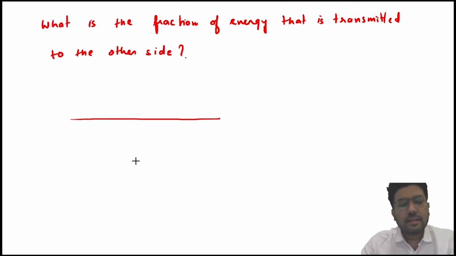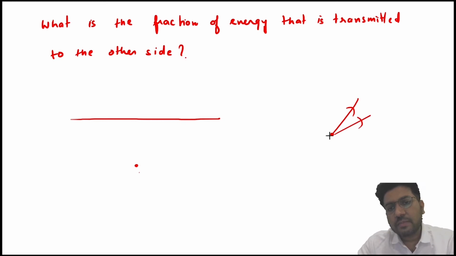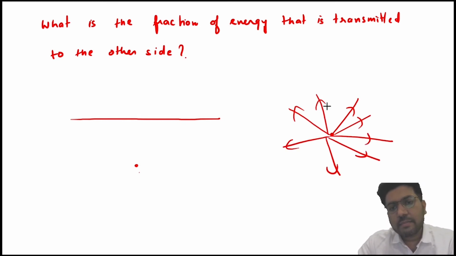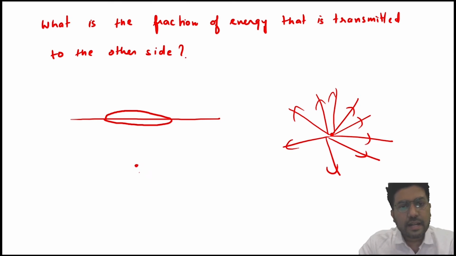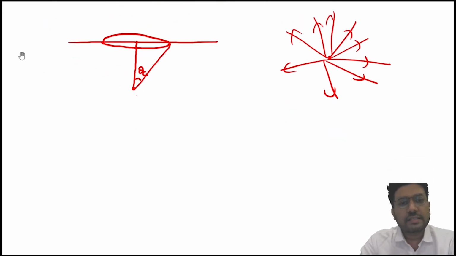See, you know that from this source of light, light is emitted in all directions, right? But light comes out only through this circle of illuminance, and the semi-vertex angle of this cone is theta c.